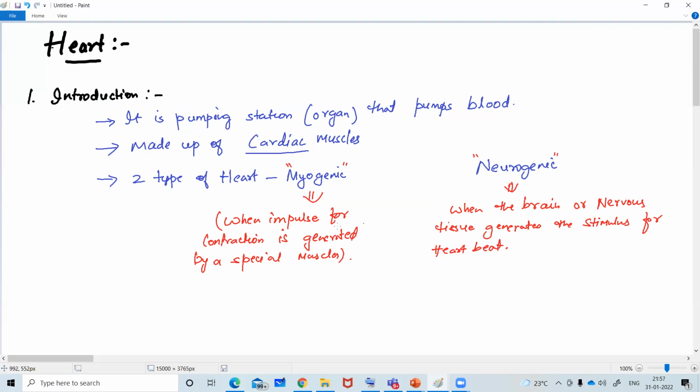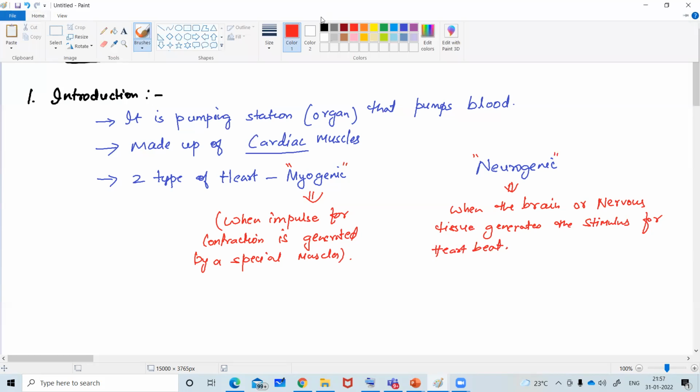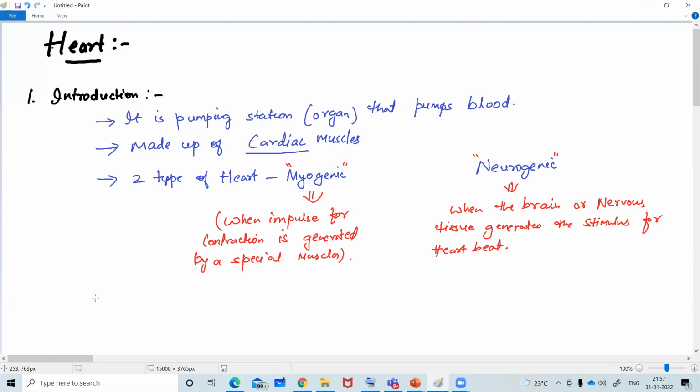Now, when we talk about circulation, right, then we have two types of circulatory system.